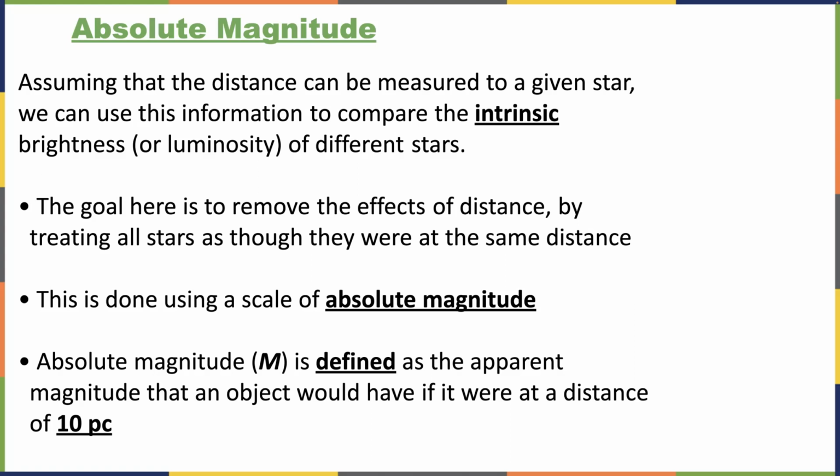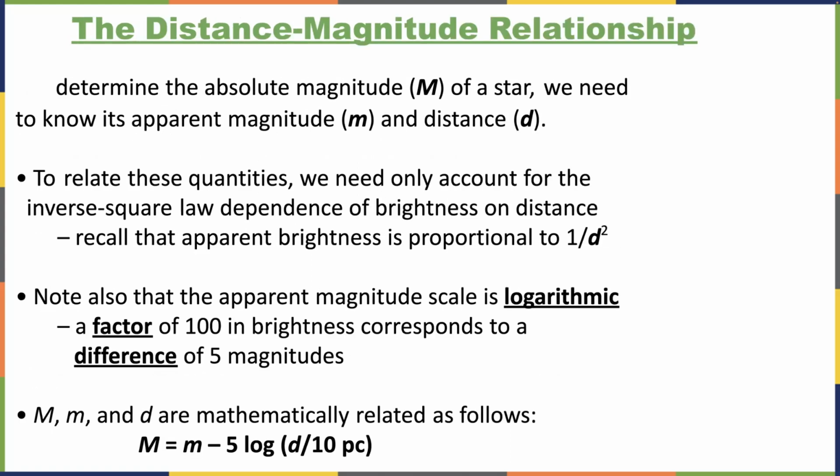So when everyone is at the same distance, which according to the definition is 10 parsecs, and you measure the brightness or the absolute magnitude, then the comparisons will be very fair. So that is the idea here. Now you can define this distance-magnitude relationship to find the absolute magnitude.